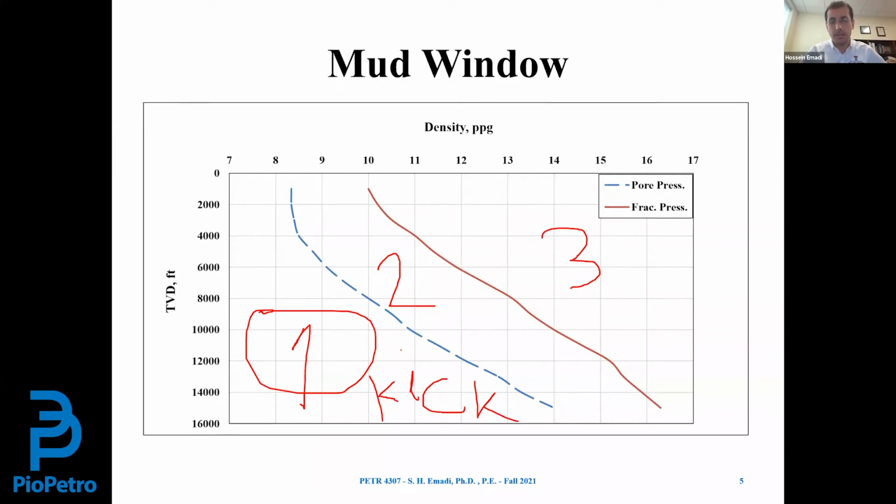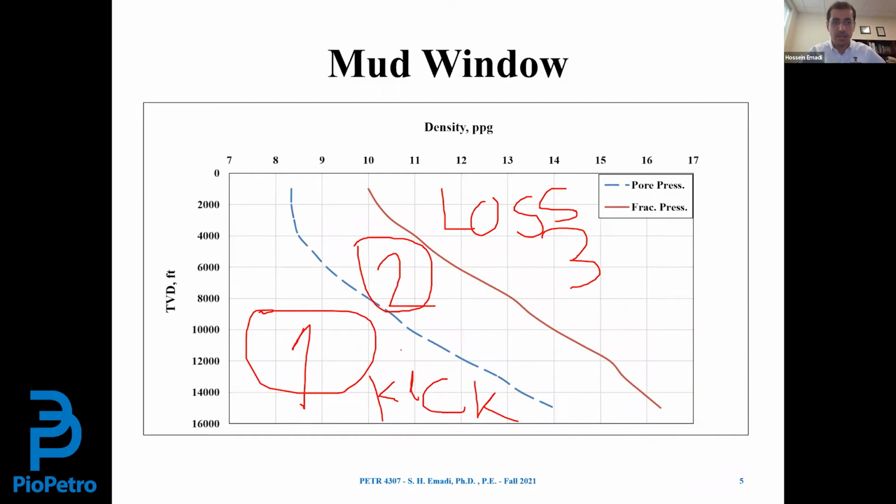In area number three, where bottom pressure exceeds fracture pressure or fracture propagation pressure, what happens if we are in this area? Lost circulation happens because we end up fracturing the formation. I mean, it's a tensile failure of the wellbore. So loss happens. The only area where neither kick nor loss can possibly happen is area two, somewhere between pore pressure and fracture propagation pressure.